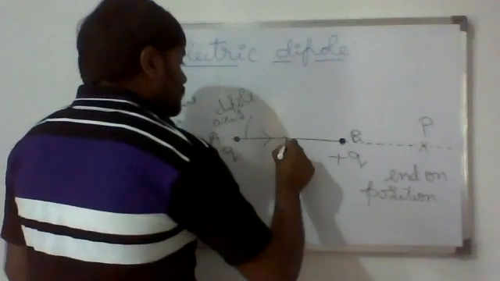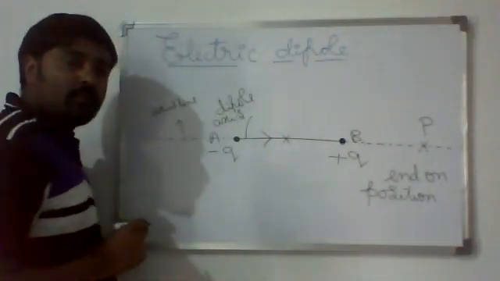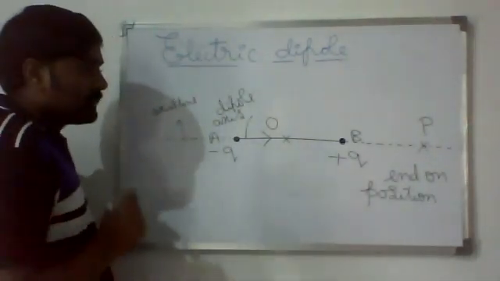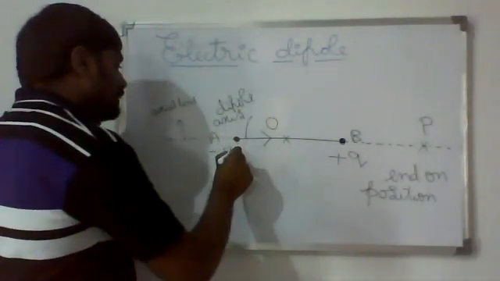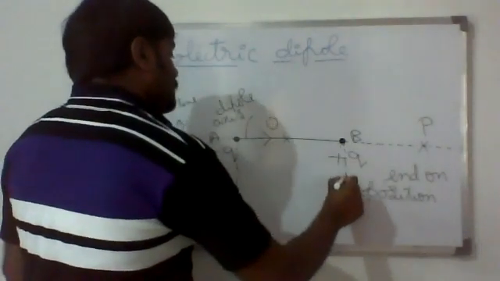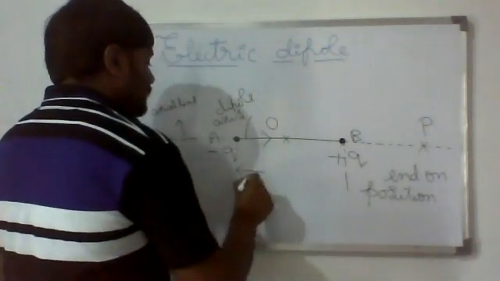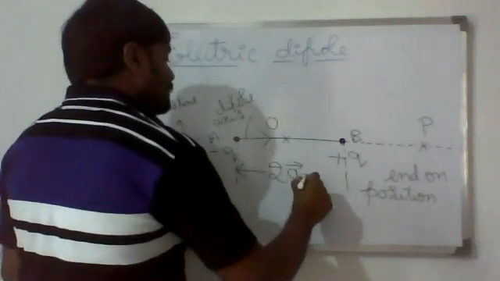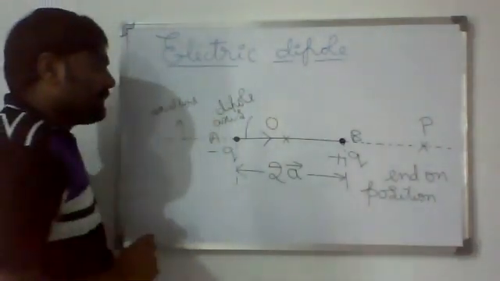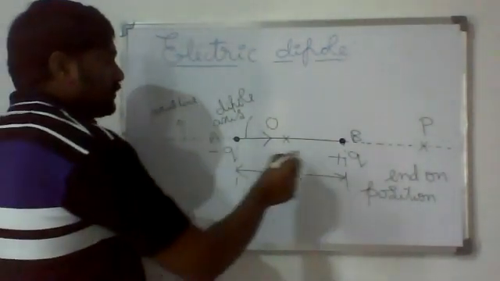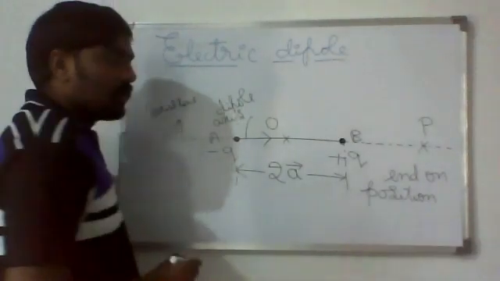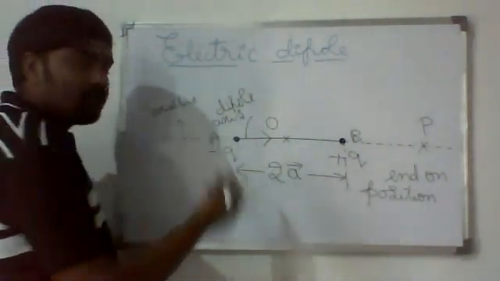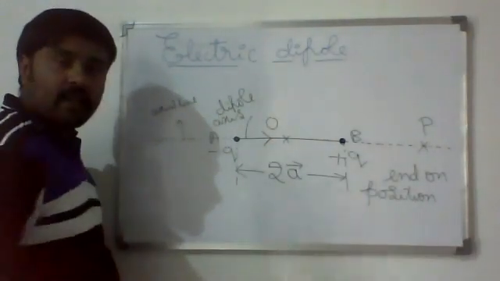This is the center of the electric dipole. Let us consider that to be O. The distance from point A to point B is 2A vector, the distance from minus Q to plus Q. So what is the distance from O to A? That is A. O to B is also A.